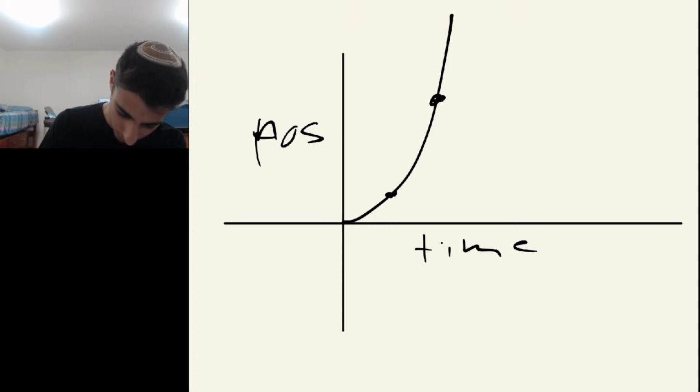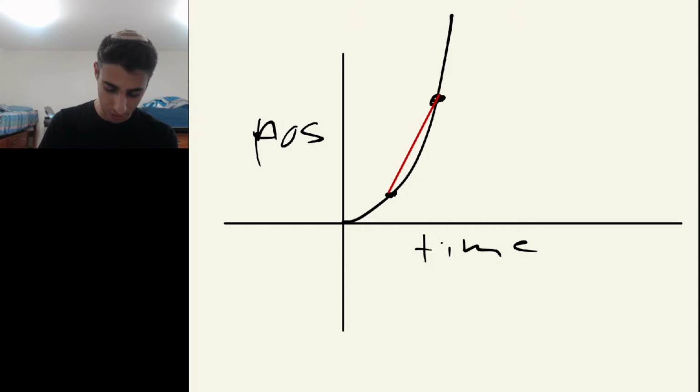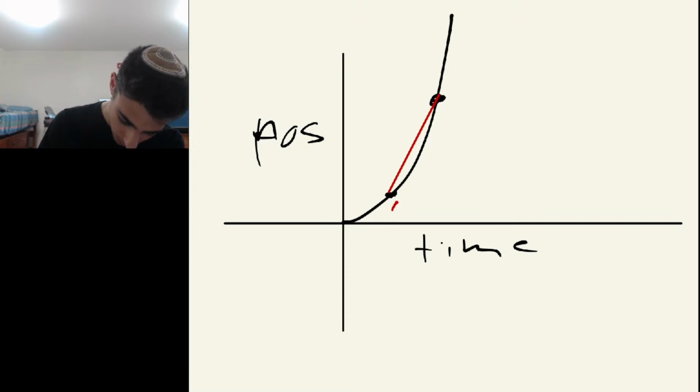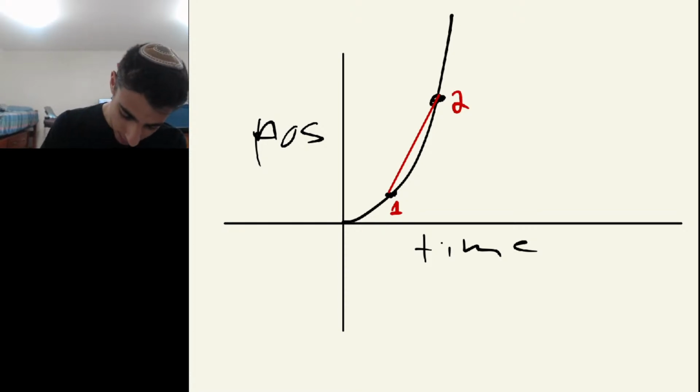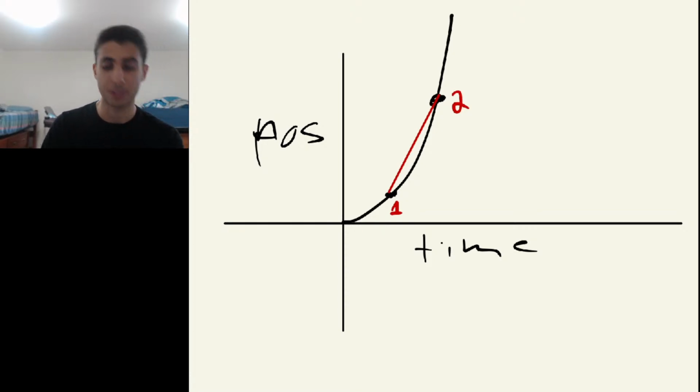Let's show this more clearly. So you see that this line could be modeled as your position changing, and the average velocity is the average rate at which your position changed from the first point to the second point. But notice how your actual velocity is the slope of the parabola, but the slope of the parabola is changing.